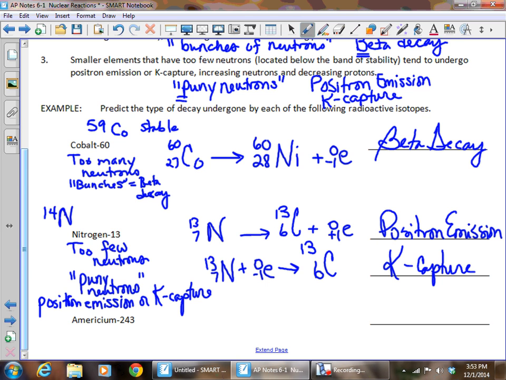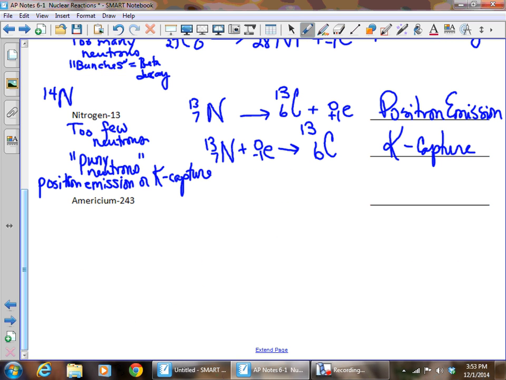Finally, the last one, americium-243. It's bigger than bismuth. It's going to tend to undergo alpha decay because it's so big. So alpha decay means the alpha particle is going to be on the right-hand side. So I'm going to put that 4/2 He on the right-hand side. We're starting with americium-243. Americium has an atomic number of 95, so that's going to go on the bottom.